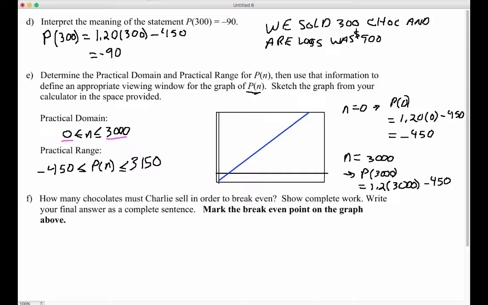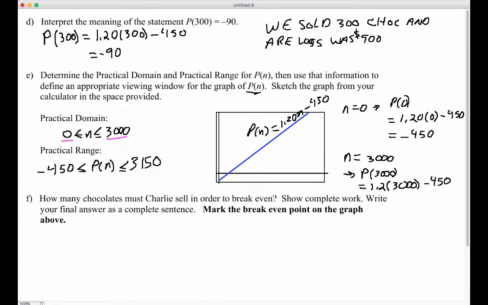And that line right there, that's our P of n line. So that's P of n equals 1.20n minus 450. Of course, I used an x on the calculator because got to have that in there, right?